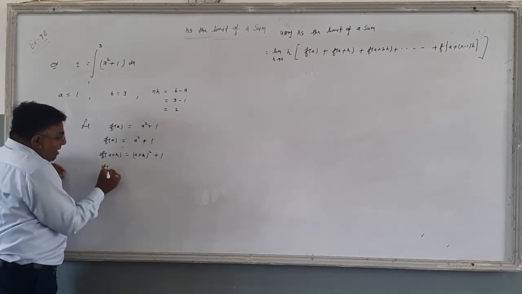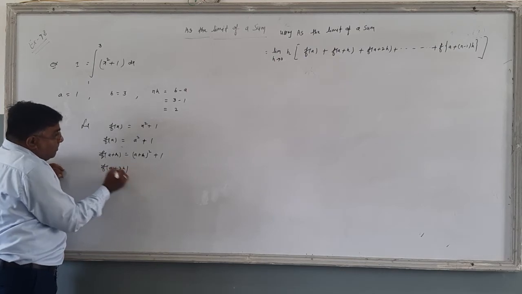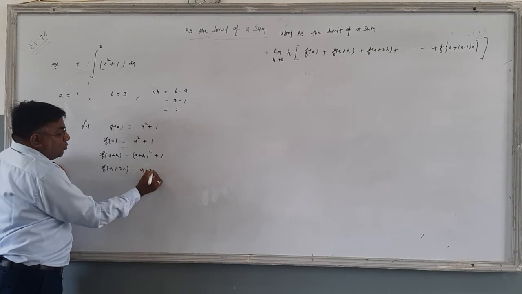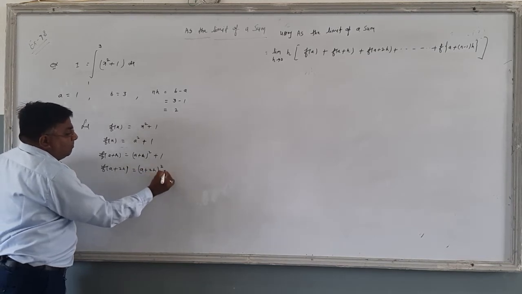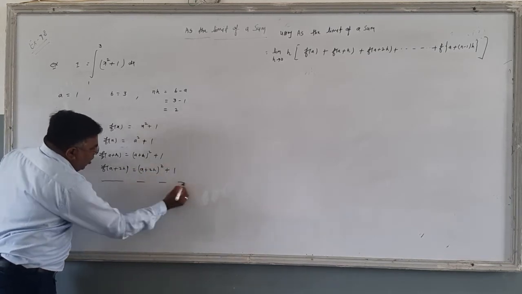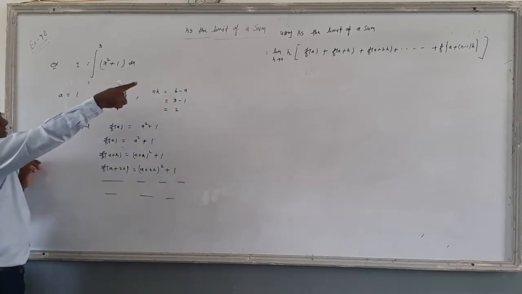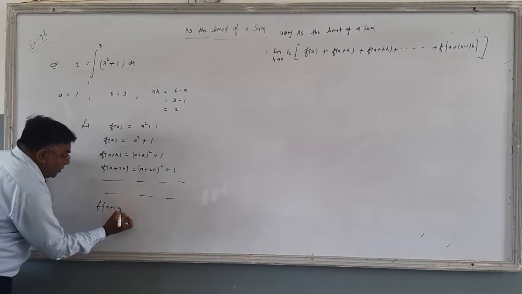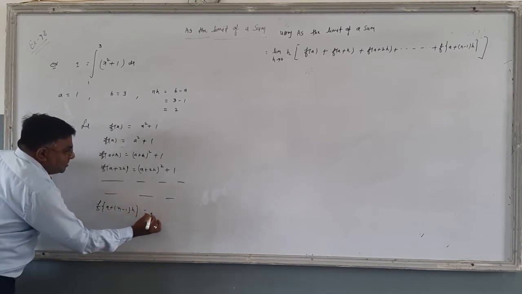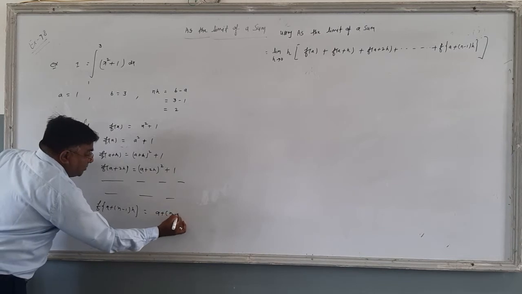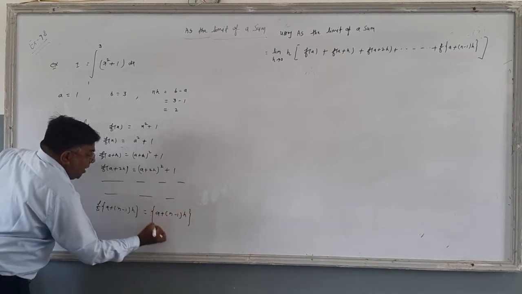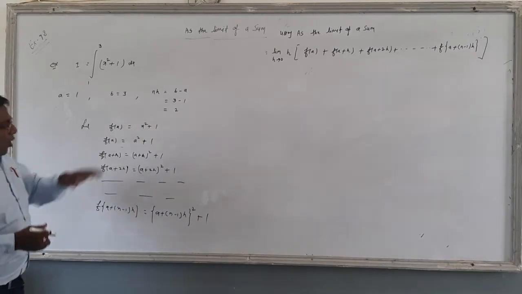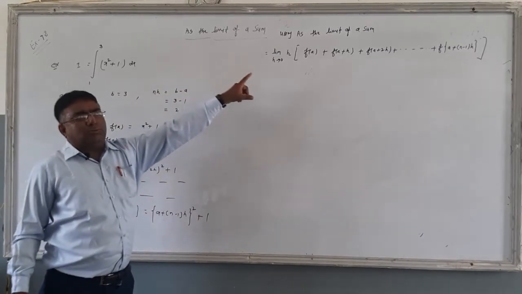What is the value of f of a plus 2h? Replace x with a plus 2h, that is a plus 2h whole square plus 1. And so on, the last term of this formula, f of a plus n minus 1 into h, is a plus n minus 1 into h whole square plus 1, and all values are substituted in this formula.